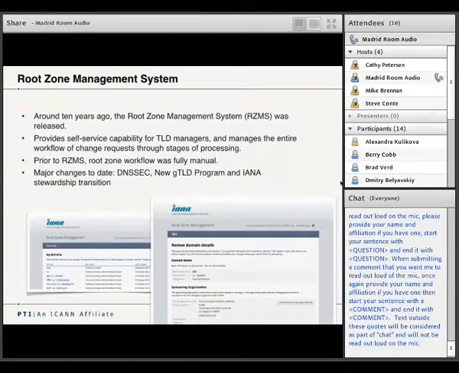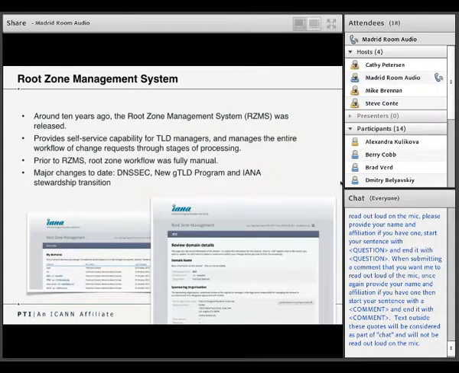But nonetheless, it was manual. And then once we'd finished our processing, we would transmit an email to NTIA and VeriSign for implementation, and the workflow was fairly cumbersome.